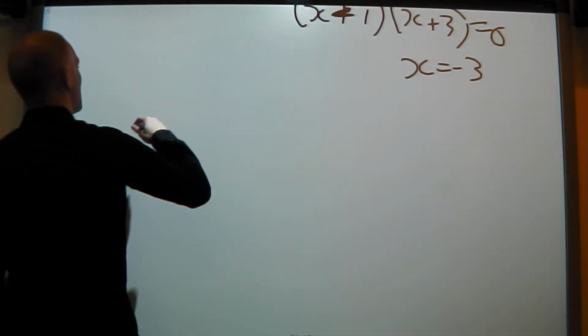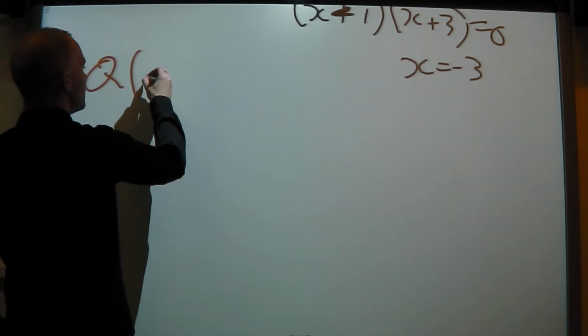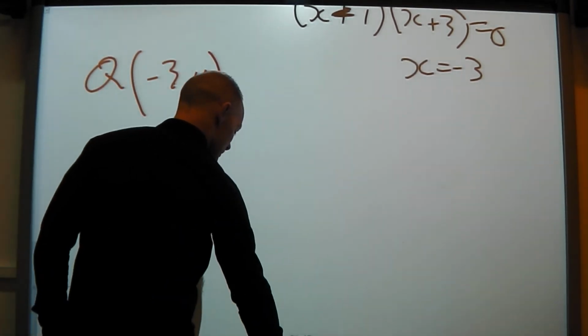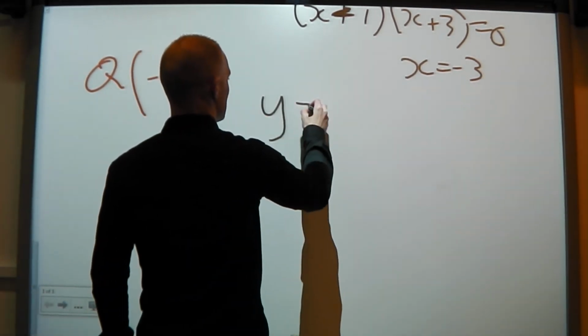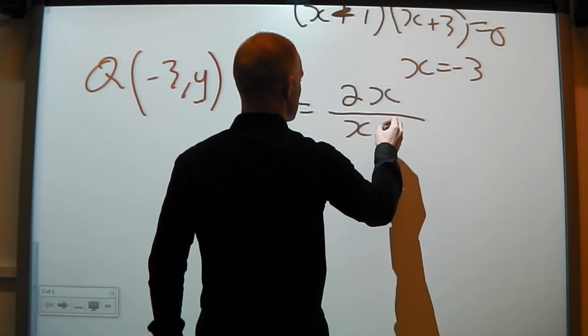So we have one coordinate of Q. Q is equal to minus 3 comma y. So we know from our original equation y is equal to 2x all over x plus 1.